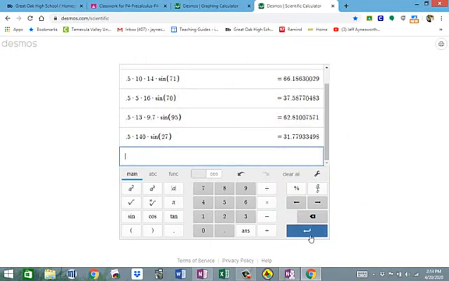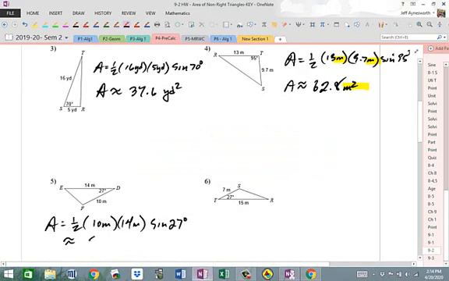Then you approximate and round it, so 31.8 square meters. Easy peasy lemon squeezy, as they say.